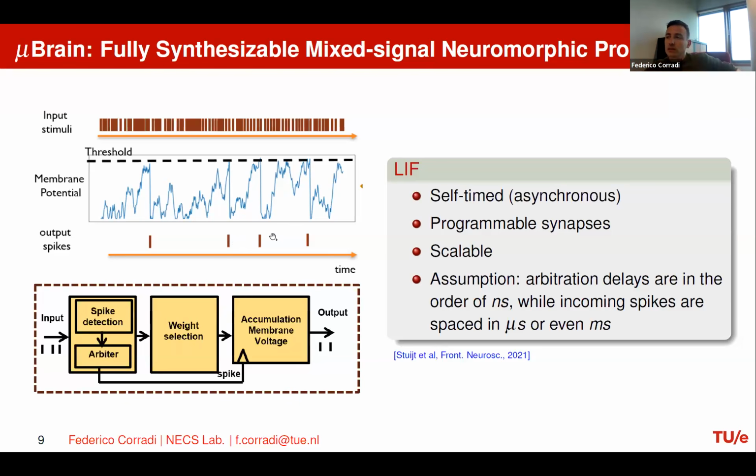Therefore, we decided to implement the neuron as much as possible in digital, and only the timing information, the spacing of the spike, required an analog cell in order to be scalable and completely asynchronous. So we really wanted to be as close as possible to the digital world, because we wanted to have very high fidelity and not have to deal with noise and small currents and things of that sort.